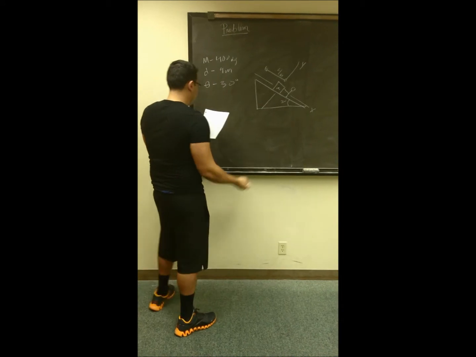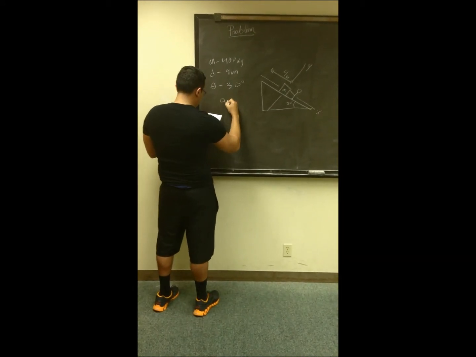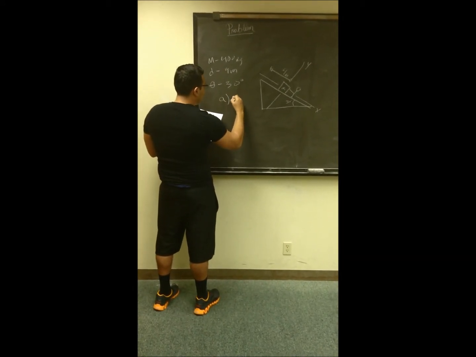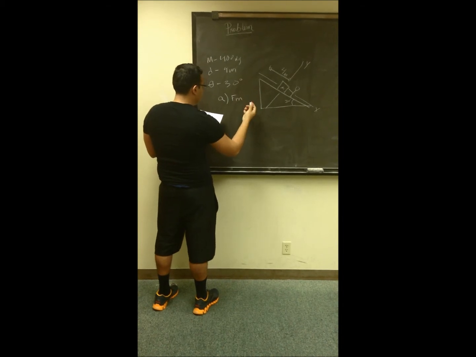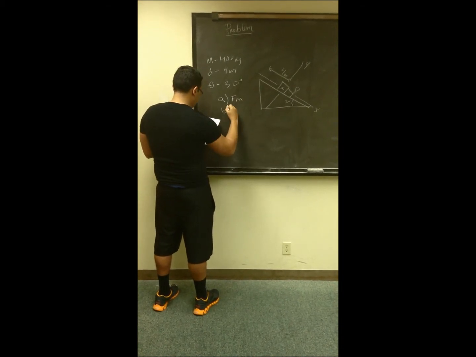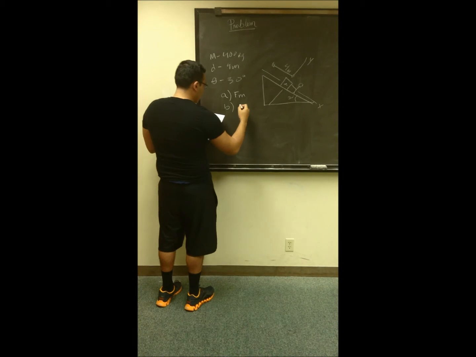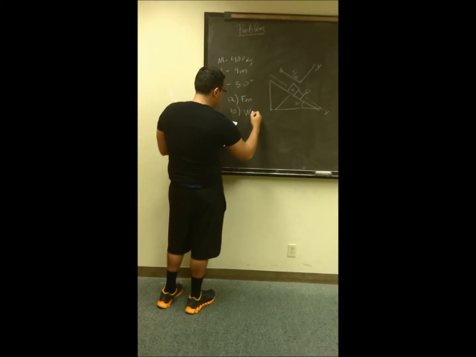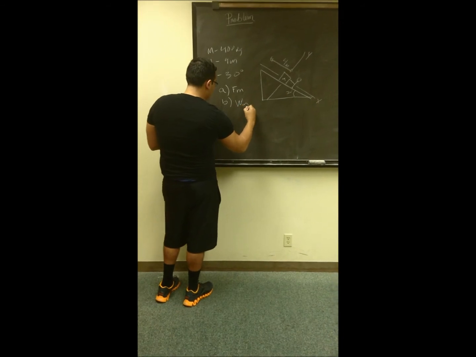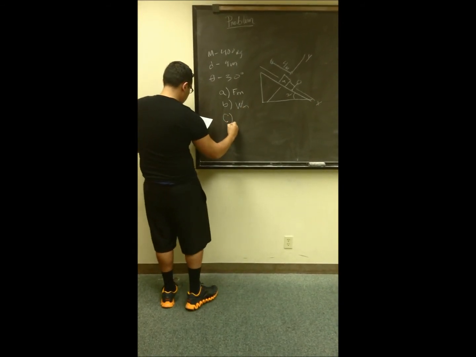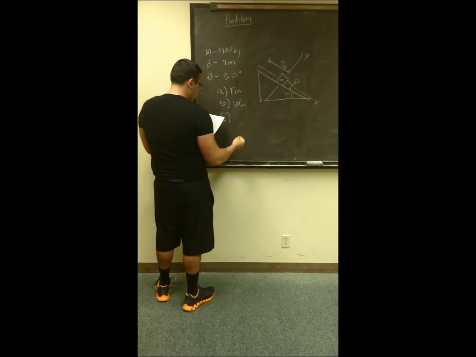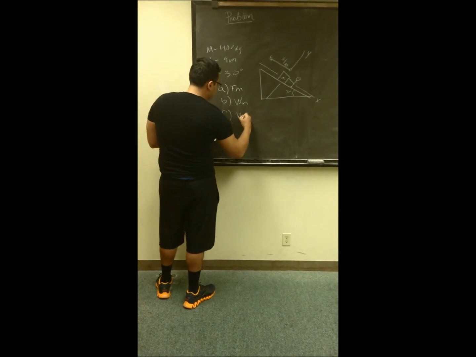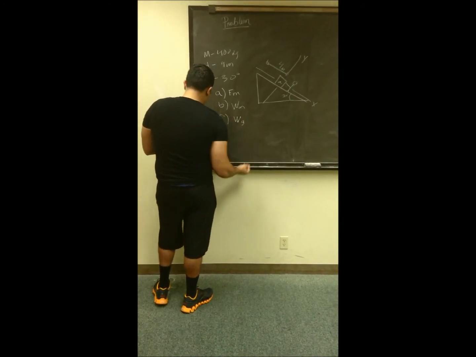And we're trying to determine A, the force exerted by the man. B, we're trying to figure out the work being done by the man. And C, the work done by the force of gravity, which is going to be the work of gravity.